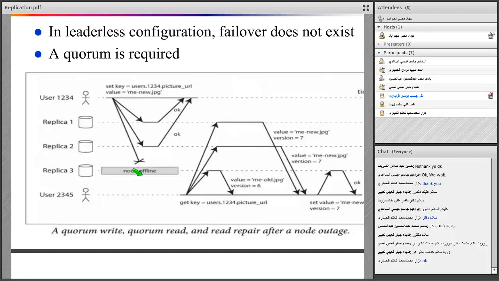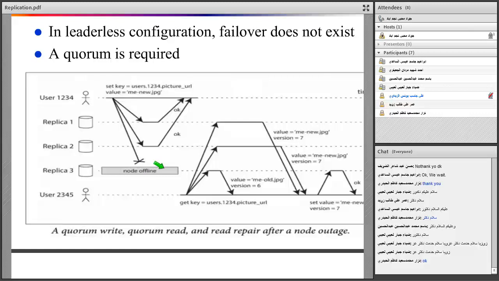But replica 3 is offline and cannot receive this request, so user 1234 does not receive the OK from replica 3.